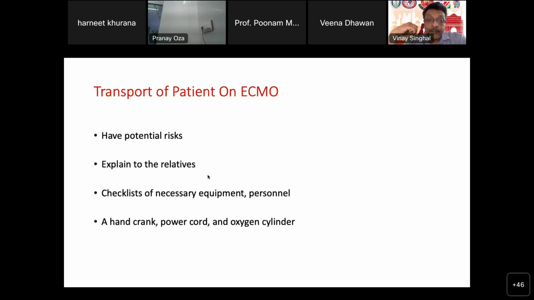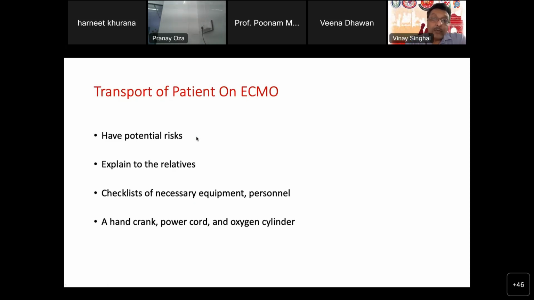And we have to explain to the relatives, and we need to have a checklist of necessary equipment and personnel. So because we need to transfer the patient from the bed to the stretcher, then stretcher to that particular OT table or CT table, or then shift the patient back to the stretcher and to the bed.